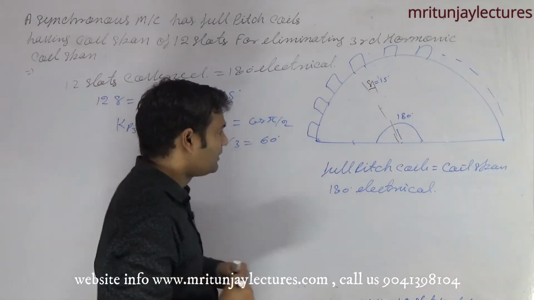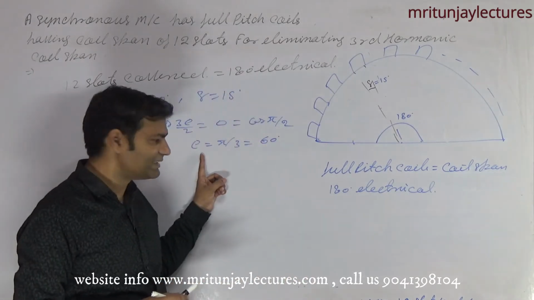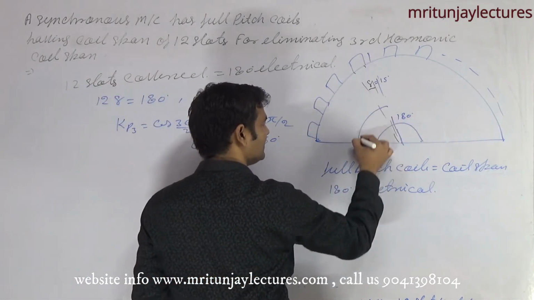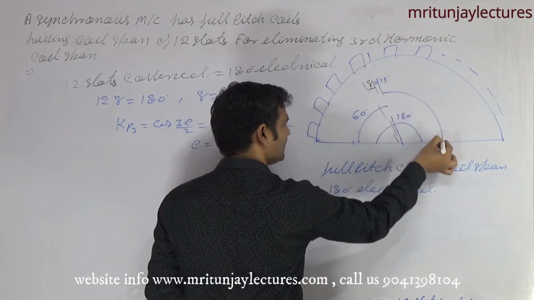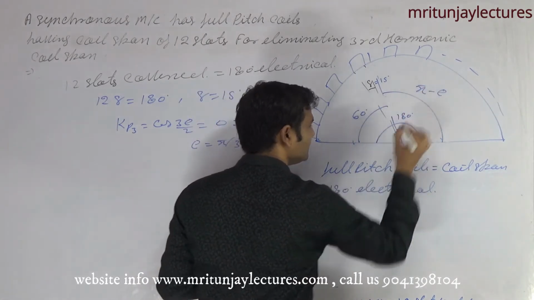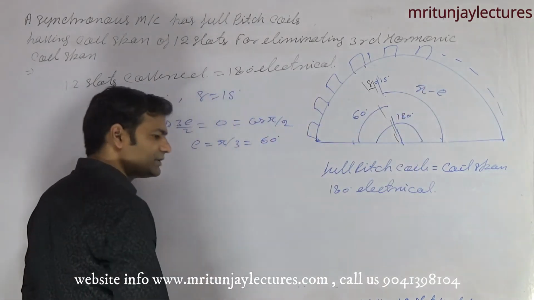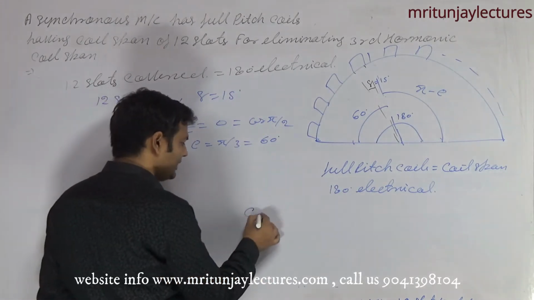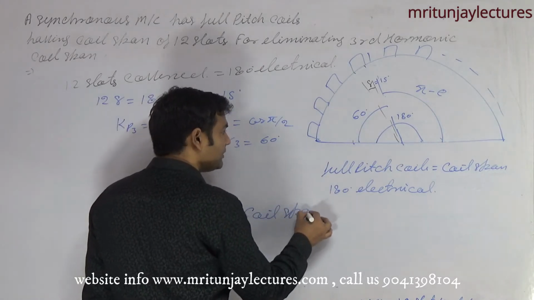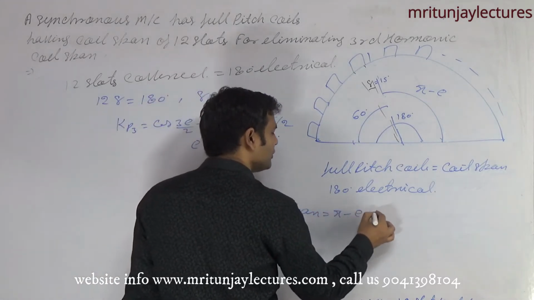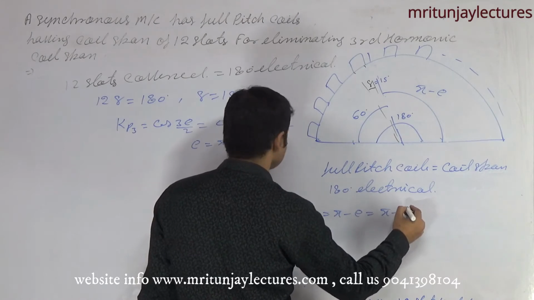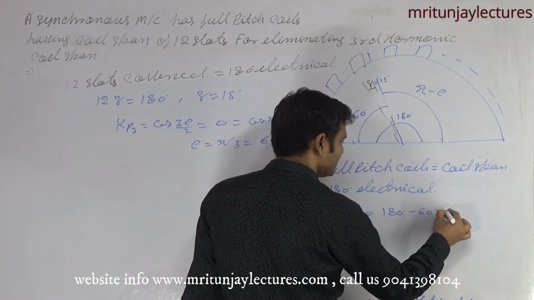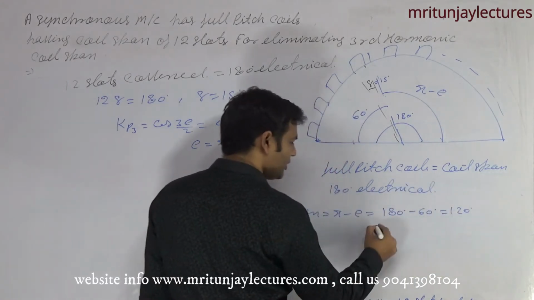Now that is the chording angle, that is 60 degree, pi minus rho. What about coil span? After the third harmonic is eliminated, the coil span is pi minus rho. You can say that 180 minus 60, that is 120 degree.